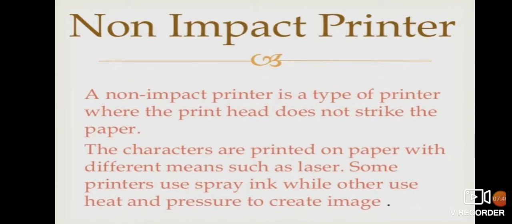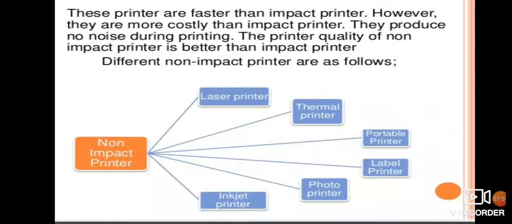Some printers spray ink while others use heat and pressure to create an image. So students, in the category of non-impact printers, there is no impact between print head and paper. They use different technologies such as laser, spraying ink, or heat and pressure to create an image.